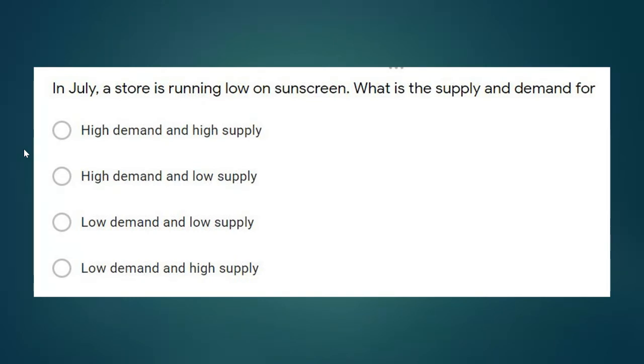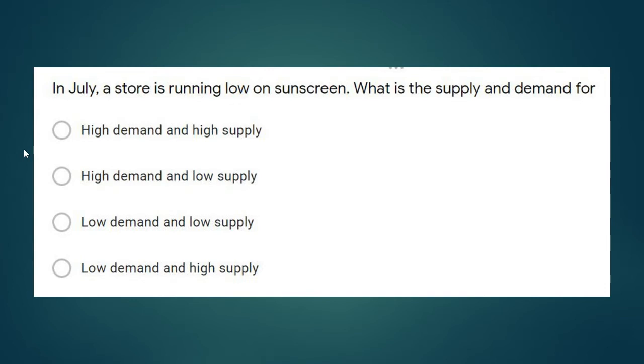In July, a store is running low on sunscreen. What is the supply and demand for the sunscreen? So think about supply means what's available. Demand is what do people want? Is it high demand and high supply, meaning a lot of people want it and there's lots of it available? High demand, low supply, lots of people want but not a lot available.